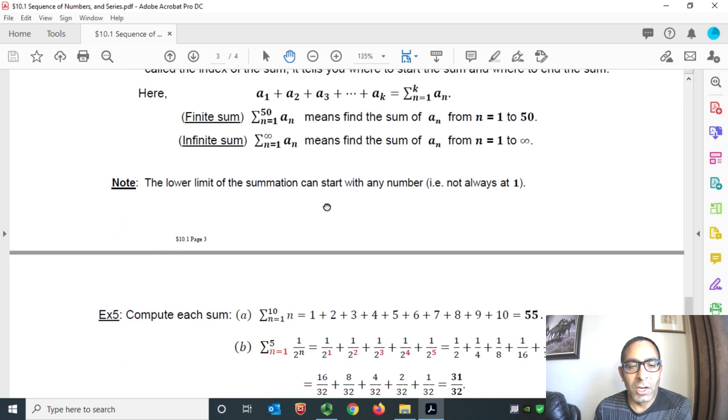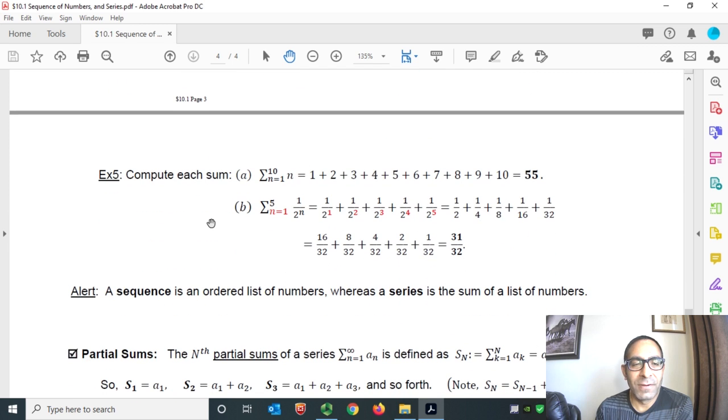Note, the lower limit of the summation can start with any number, not always with 1. Sometimes it can start from 0, sometimes from 1, sometimes from 50, and so on. So this starting point may not always be 1.